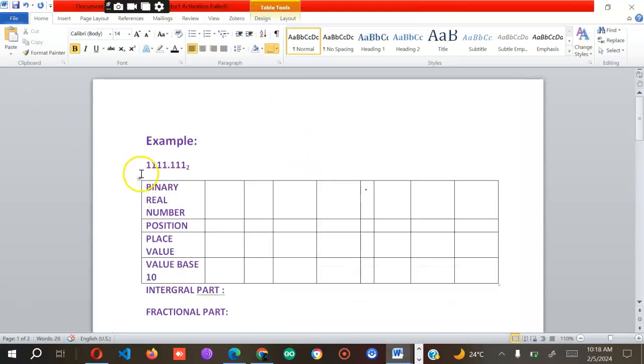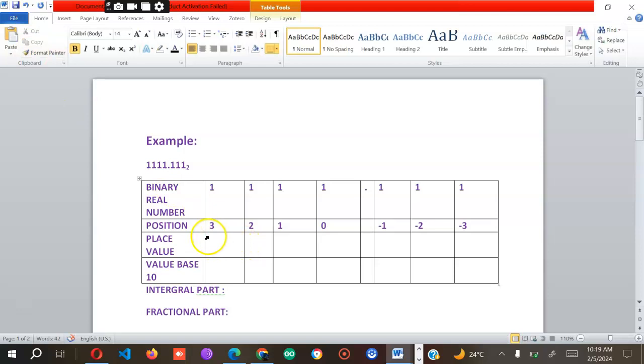Our first example is 111.111. So as usual, write down the number. Step 2, the positions are always counted from the point. So this is 0, 1, 2, and lastly 3. This is -1, and as you move to the right side, it's -2, and lastly -3.